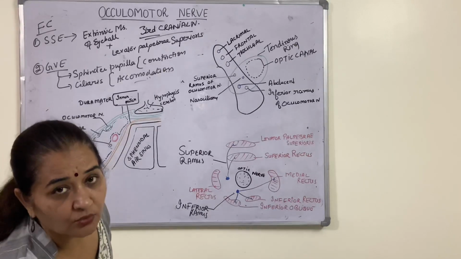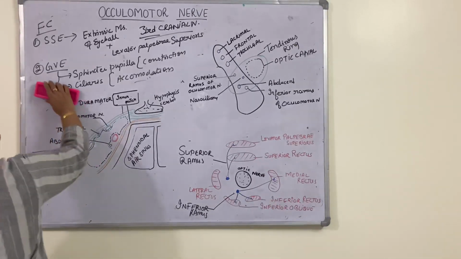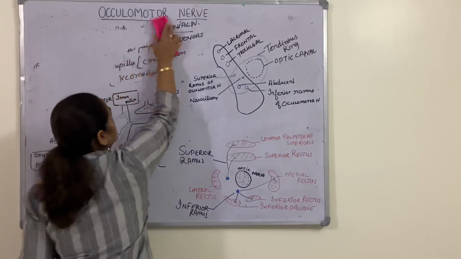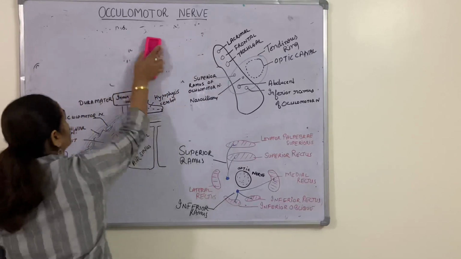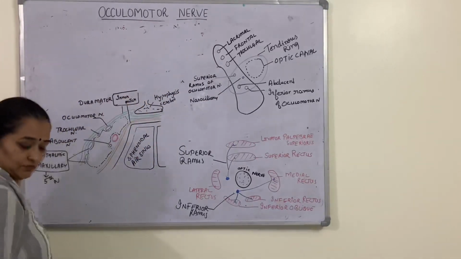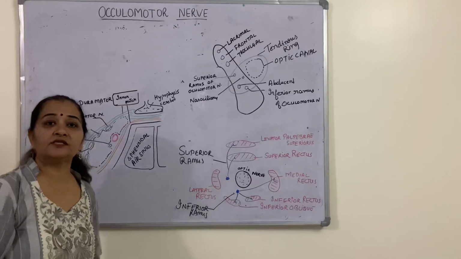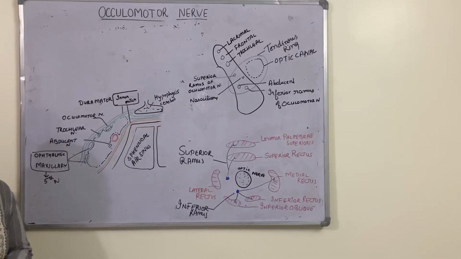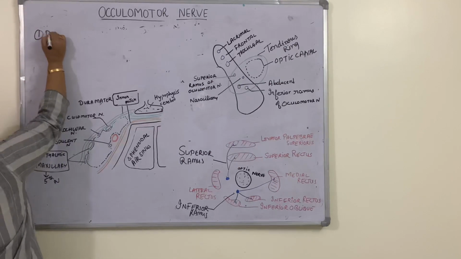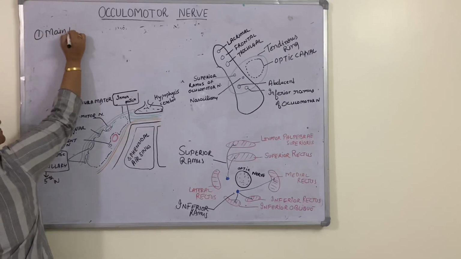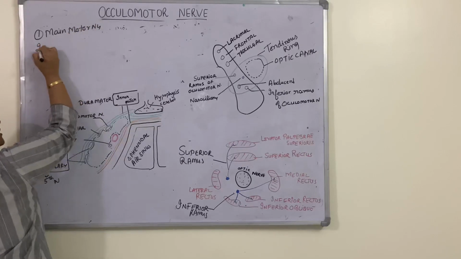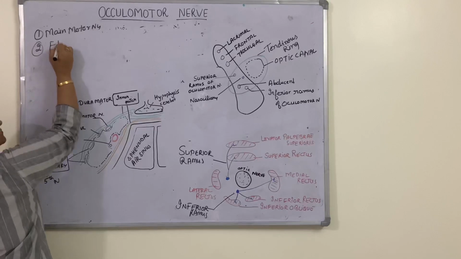Now coming to the course of this nerve. The oculomotor nerve has two sets of nuclei, that is the main motor nucleus and the Edinger-Westphal nucleus.